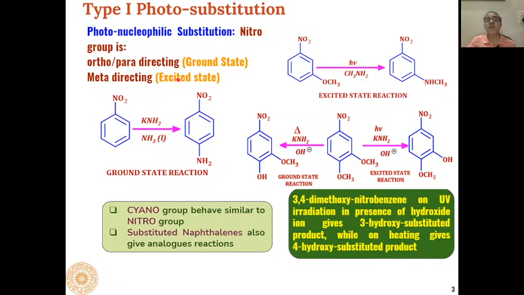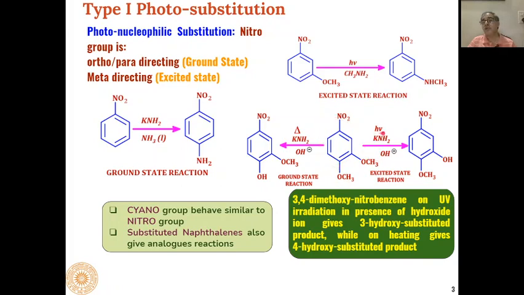Whereas when the same reaction is done through the excited state, that is through photochemical nucleophilic substitution, then this nitro group becomes meta-directing. For example, we take the case of 3,4-dimethoxynitrobenzene.